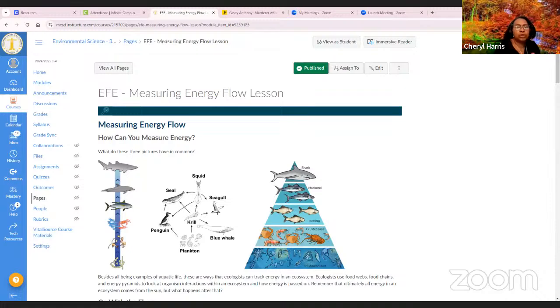All right, so again, we're going to review this part because we left off talking about this part. But like I said, in one of the activities, might not have been your class, but another class, the understanding of producers and being able to pull out a food chain within a food web was not clear in the answers that were given. So I want to make sure you have a clear understanding of that. And then on Wednesday, we will have a short activity where you have to actually examine the food web and pull out a food chain.